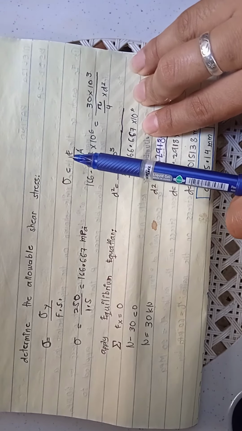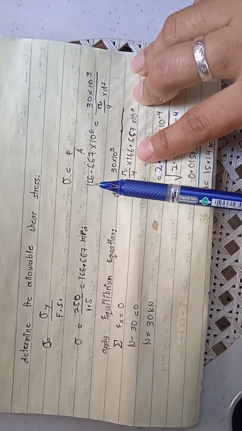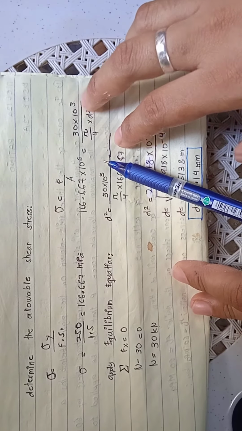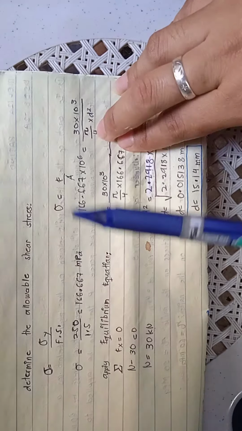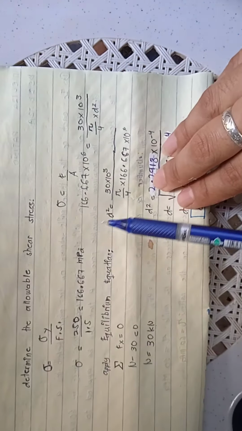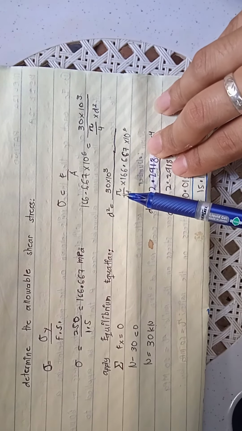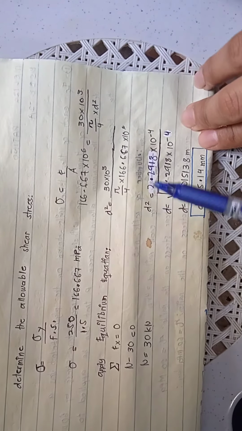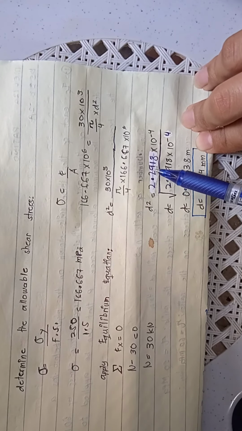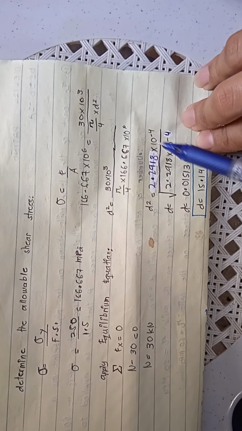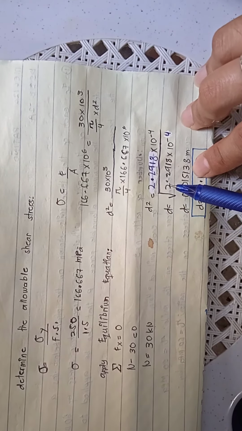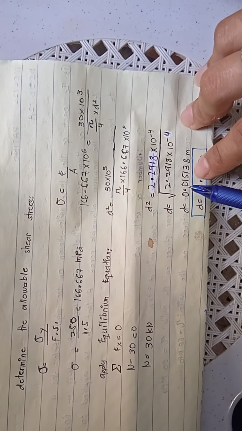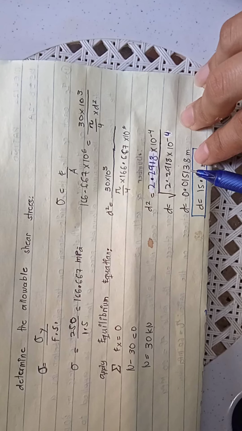So, allowable stress equals F over A. 166.667 times 10^6 equals 30 times 10^3 over pi over 4 times d squared. So, d squared equals 30 times 10^3 over pi over 4 times 166.67 times 10^6. So, d squared equals 2.2918 times 10^-4, and d equals the square root of 2.2918 times 10^-4, and d equals 0.015138 m.